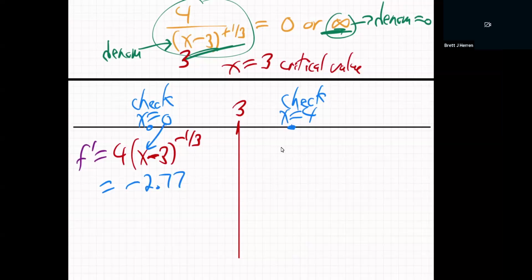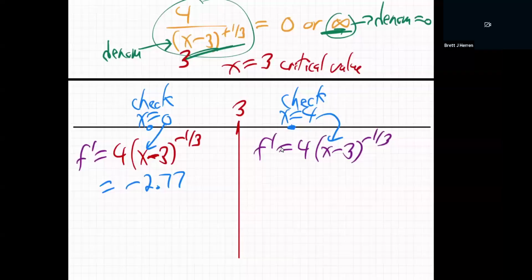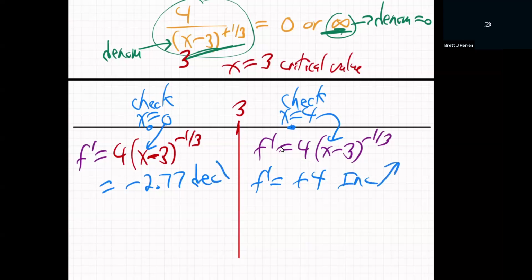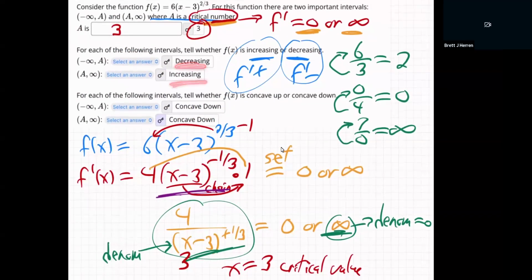Okay, then over here, we're going to check f prime, same thing, but this time we're plugging in 4. And I get positive 4. So what does that mean? That means in this section, it's decreasing. In this section, it's increasing. When the derivative is negative, it's decreasing. So we say it's decreasing in the first section, increasing in the second.